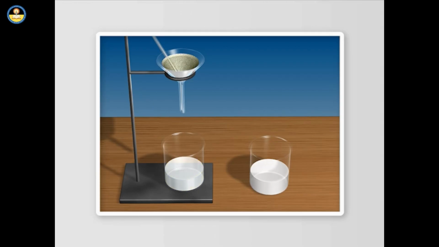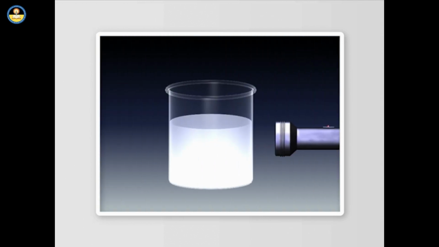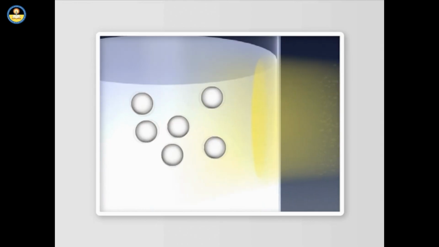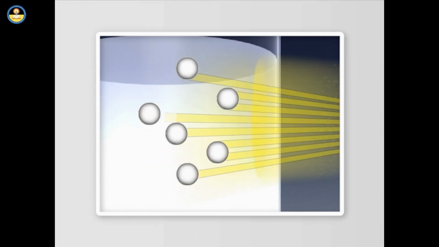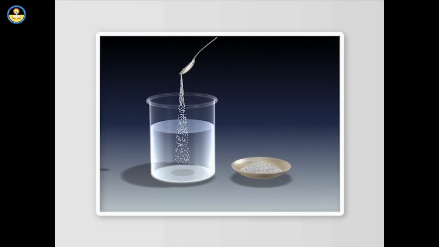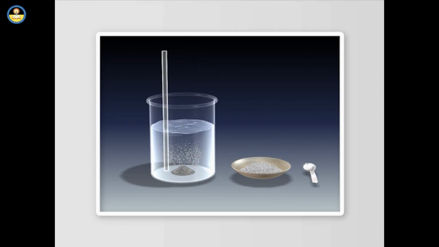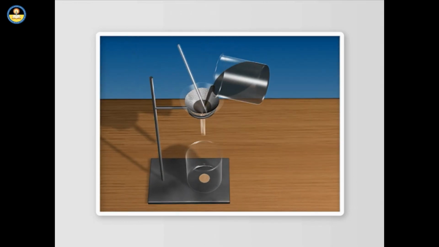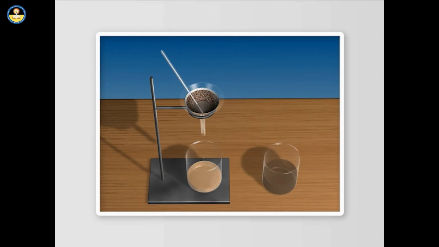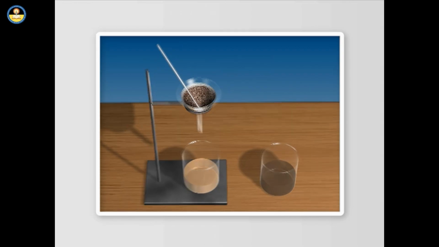The solid collected on the filter paper is known as the residue. It allows light to pass through it. When a suspension is left to stand, its particles will either settle at the bottom or float at the surface. The suspended particles are left behind as residue during filtration.